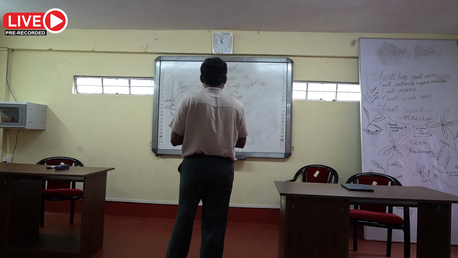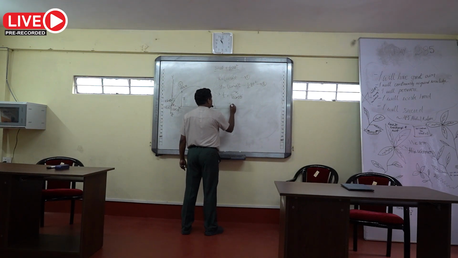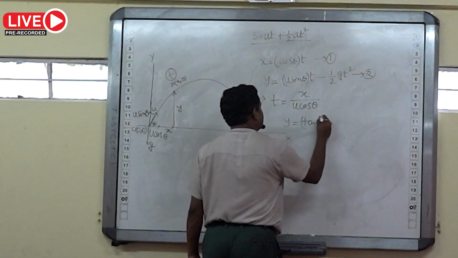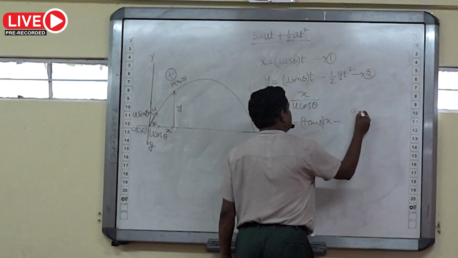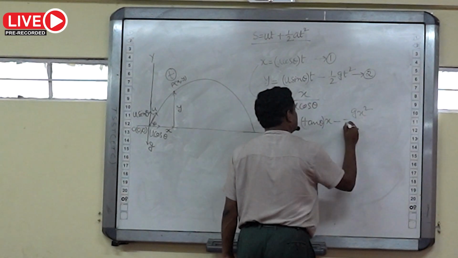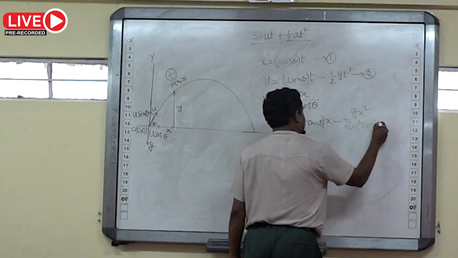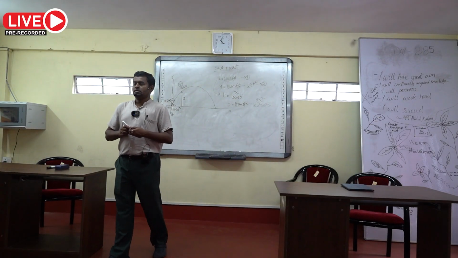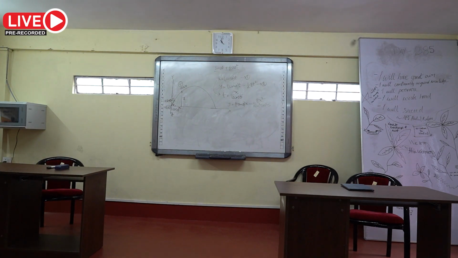Okay, so it will come y equal to tan theta into x minus gx square by 2u square cos square theta.